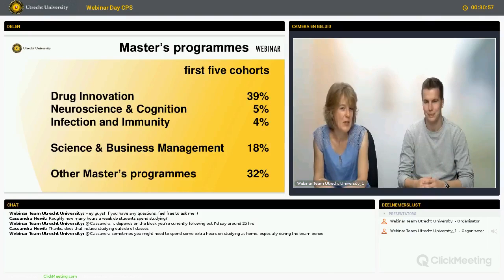If you have an interest in neuroscience, you could consider doing Neuroscience and Cognition. That's a master program in Utrecht. If you have an interest in infection and immunity, you might also consider this master. Quite a lot of our graduates, approximately one fifth, continue with the Master of Science and Business Management.